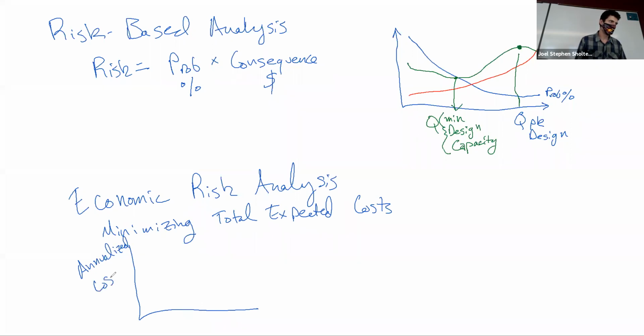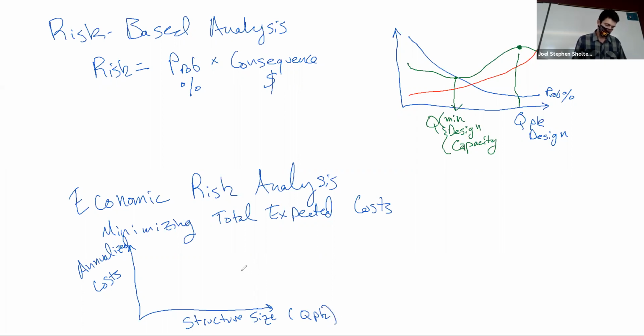So we'd have annualized costs on the y-axis. We have maybe our structure size on the x-axis, which could also be the design discharge.